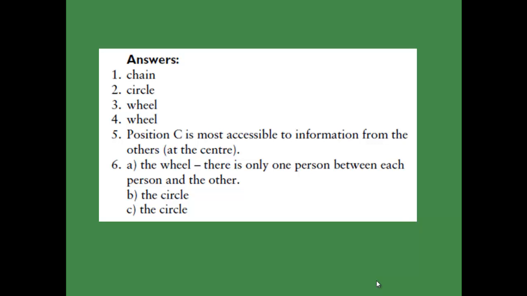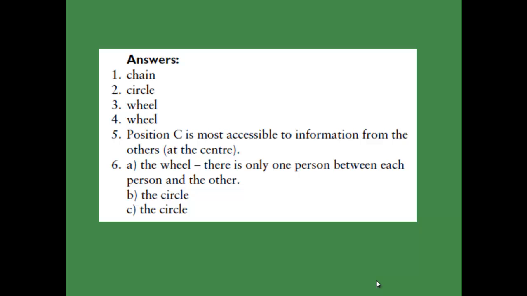What about question number 5? Why do you think the person in position C could be the group leader? Because position C is most accessible to information from the others. Why? Because position C is at the center of this group. I mean the wheel group.